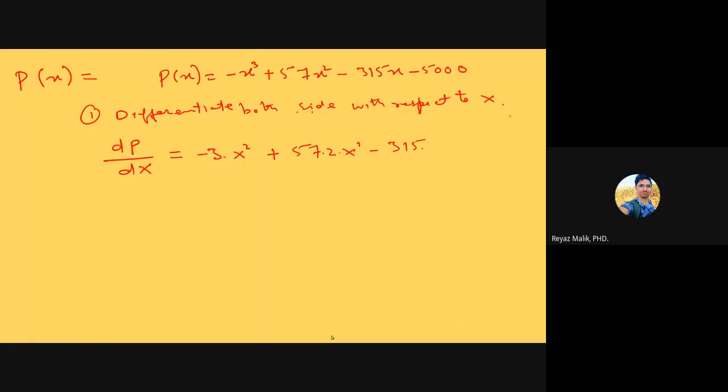Okay, so we have got this function here. How did you get it? 3 will come down, into x raised power 3 minus 1, that is, x raised power 2 will be here, plus 57 into 2 x raised power 1. Only 1 will be left here. Then 315 into x raised power 0, that will be 1.